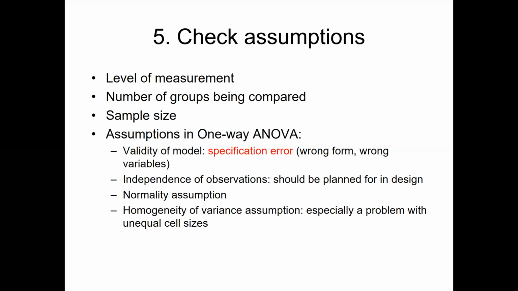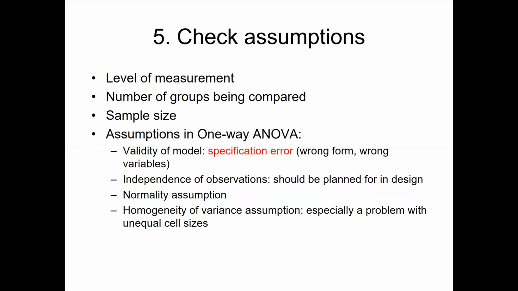And that's because of the assumptions, particularly the last assumption listed here, which is the homogeneity of variance. You're less likely to meet the assumption of homogeneity of variance when you have unbalanced group sizes.